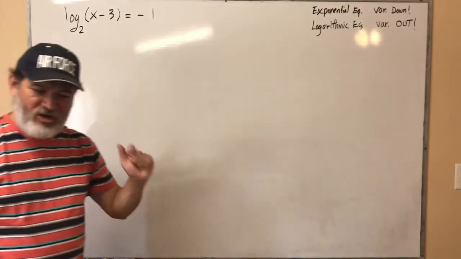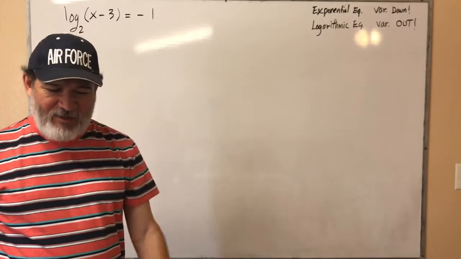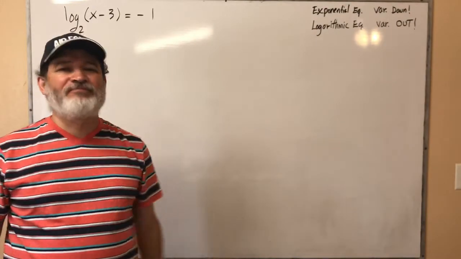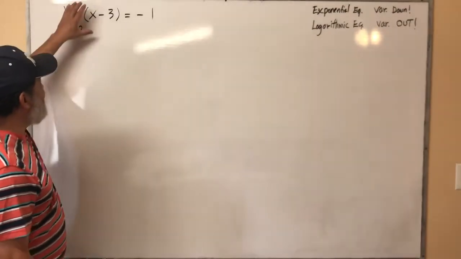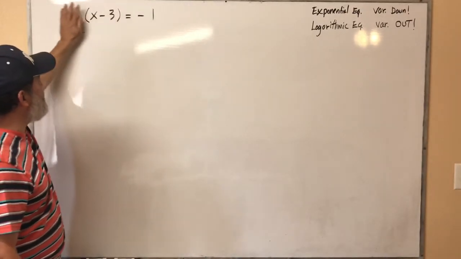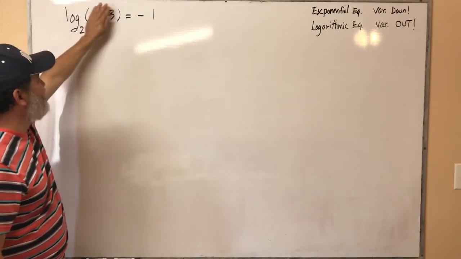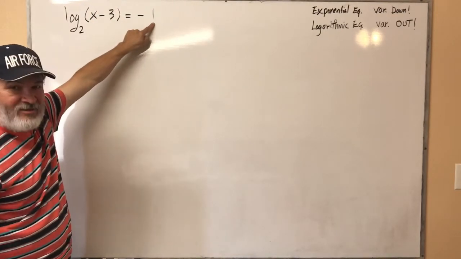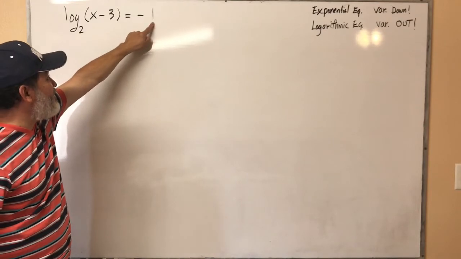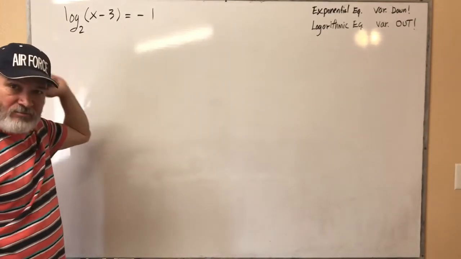Remember what we said earlier. Logarithms are exponents. This logarithm right here equals -1. So this must be an exponent because this is equal to a logarithm.